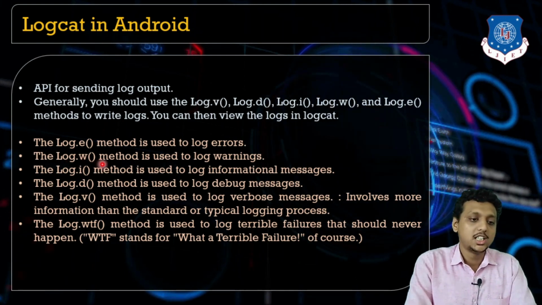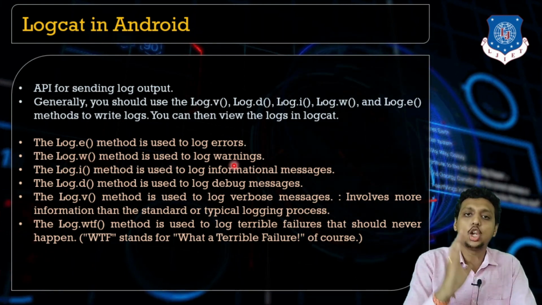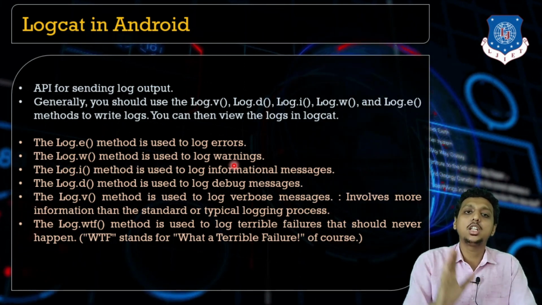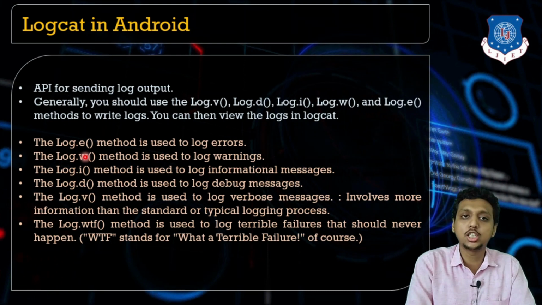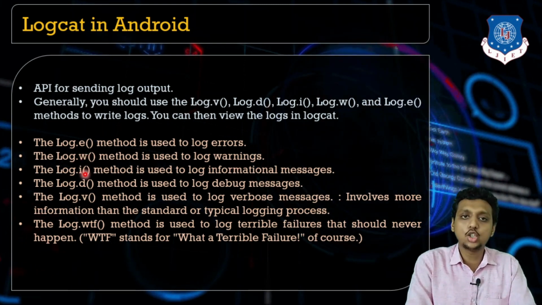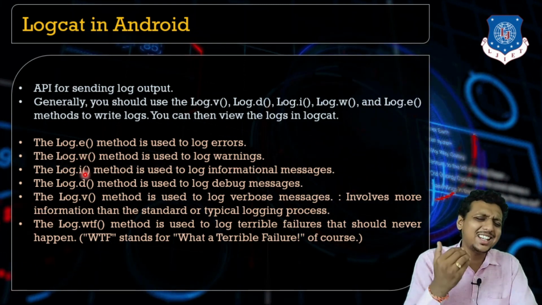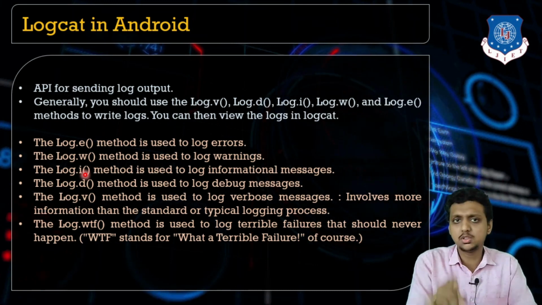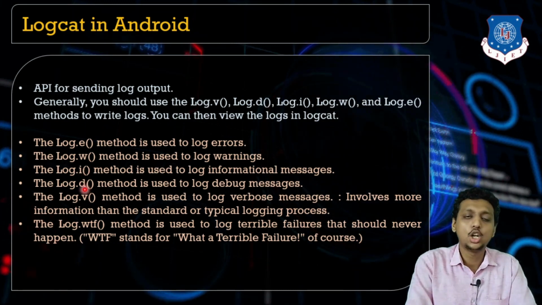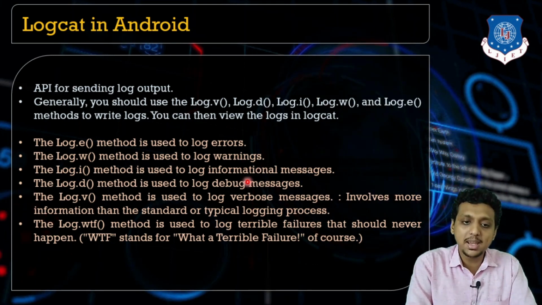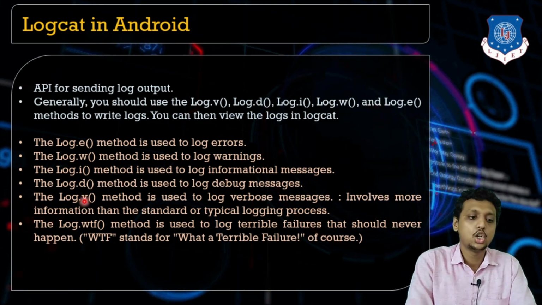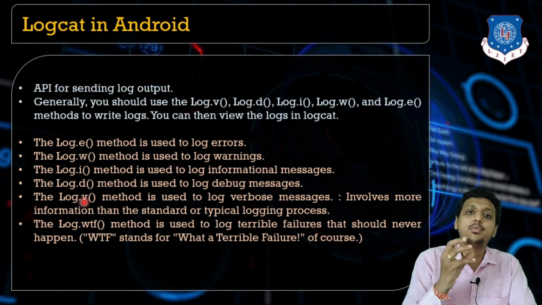Log.w is used to showcase log warnings. Whatever warning you have in the program can be shown by using the Log.w method. Log.i, students, you can use to showcase any regular information. Log.d is used to showcase debug messages, and you can use Log.v to show verbose messages.